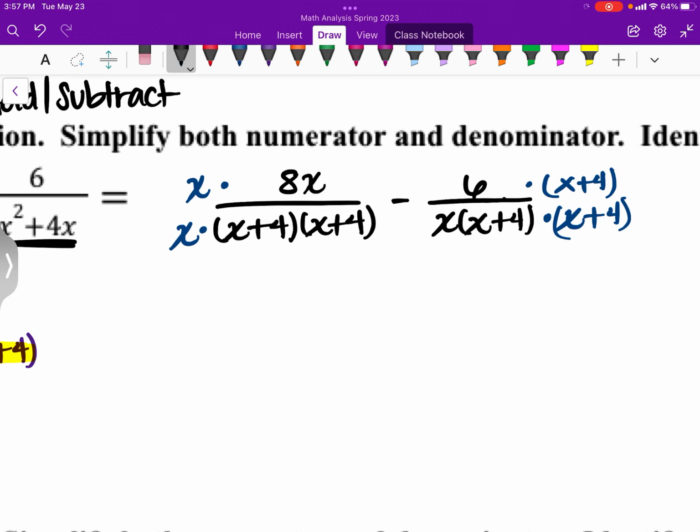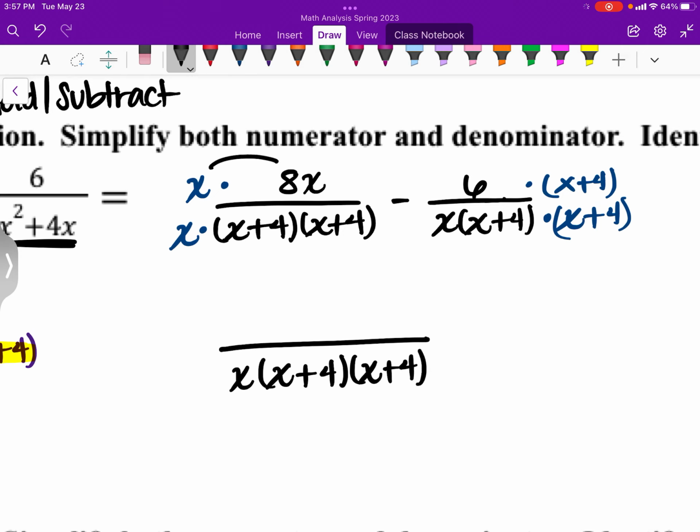Multiply. So then the denominator should be the LCD, x times x plus 4 times x plus 4. On top, x times 8x is 8x squared. And then this is a negative 6, so that's negative 6 times an x, and negative 6 times a 4.